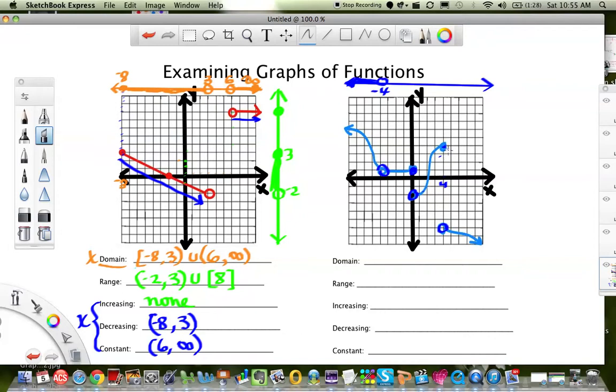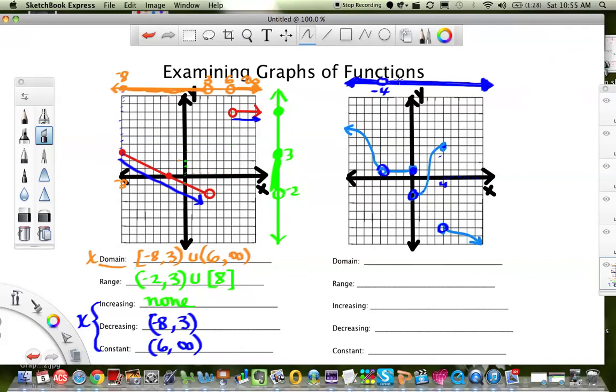And then as I increase in the positive infinity direction, it jumps down to the bottom, jumps down to the 4th quadrant. And so I have more values. So really it continues on and into infinity.